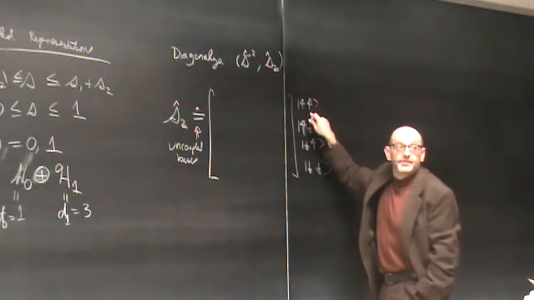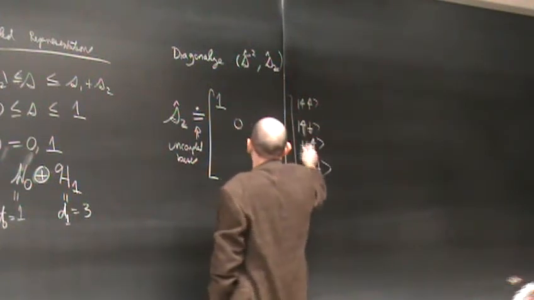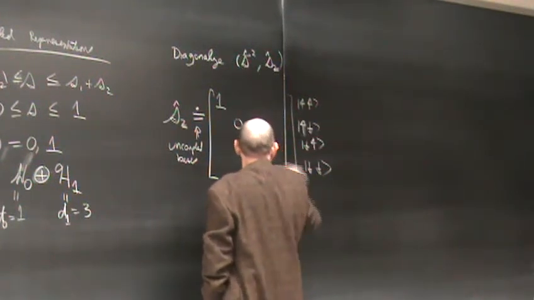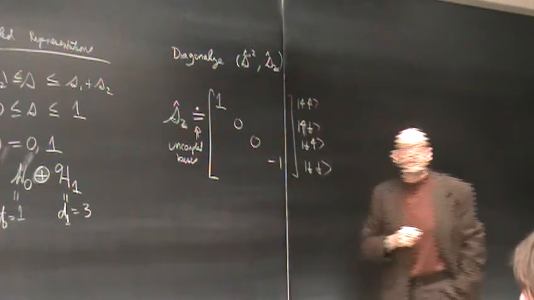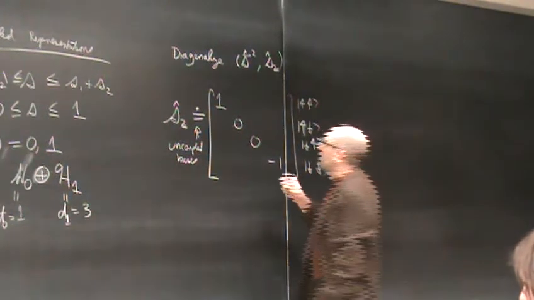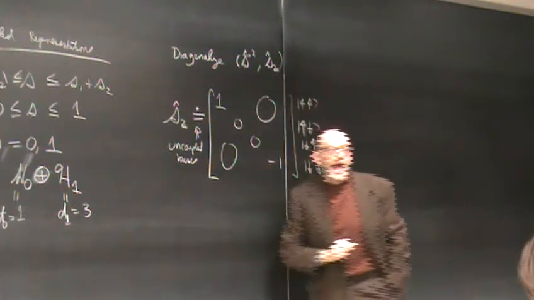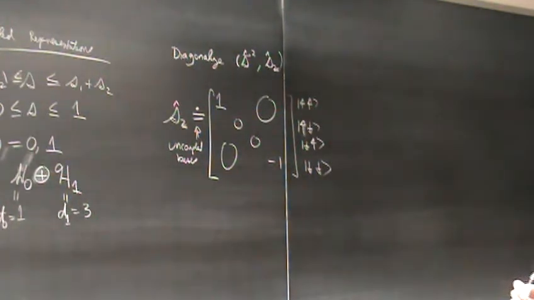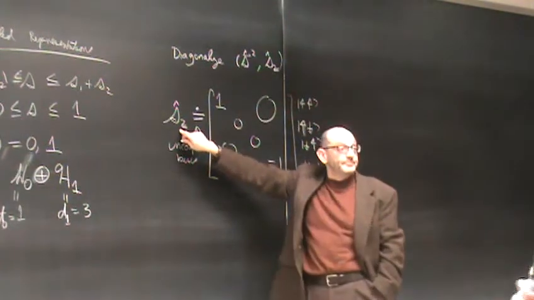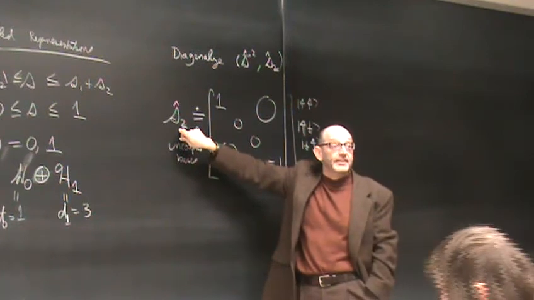Well, that's the sum of this. That's a half plus a half, minus a half plus a half, a half minus a half, and minus a half plus minus a half, right? And everything else is 0. So that's diagonal, but there's a degeneracy there, which means specifying the Sz quantum number, the total Sz quantum number, does not uniquely specify the state.